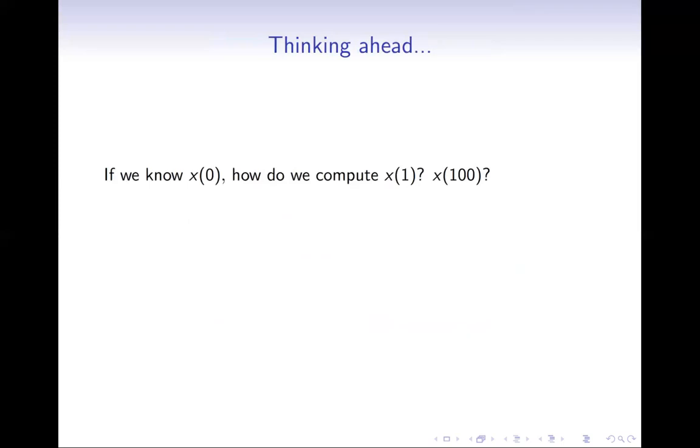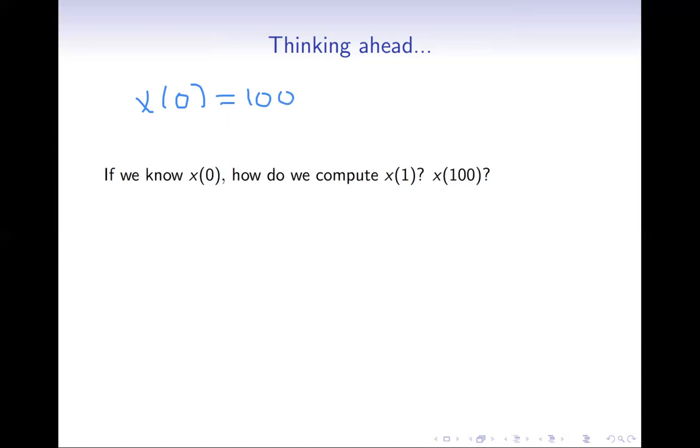So thinking ahead, if we know what the population is at time 0, how do we compute the population at time 1, or the population at time 100? Well, let's start with some simple examples that are a little more straightforward than the sandhill crane. Let's suppose that the population at time 0 is 100.